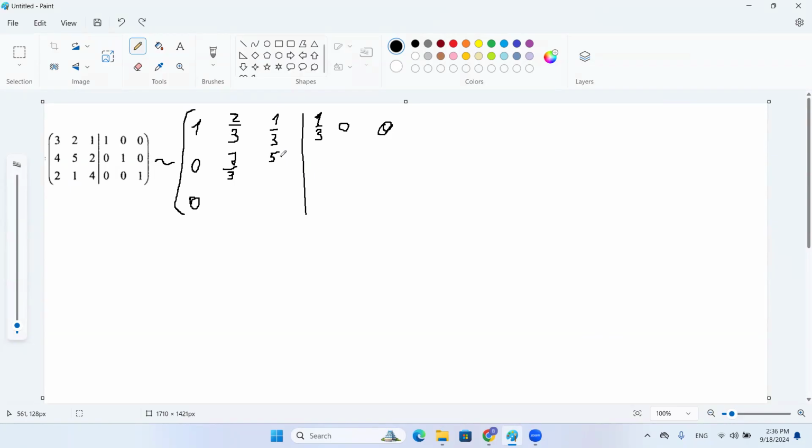Yeah, my bad, 2 thirds. So 6 minus 4. Yeah, my bad. Okay, and we don't forget about this matrix as well. Here we have zeros, so just minus 4/3. Yeah, nothing changes. Nothing changes for now.